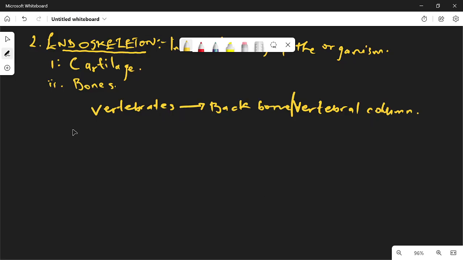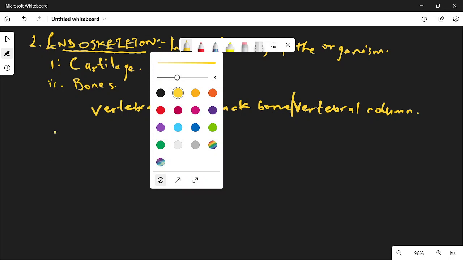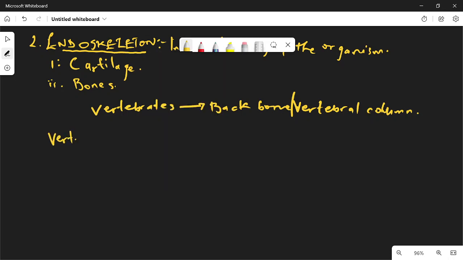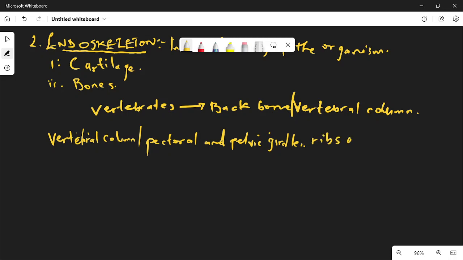So I said this particular endoskeleton comprises of the vertebral column, the pectoral and pelvic girdle, and also we have the ribs and the limbs.